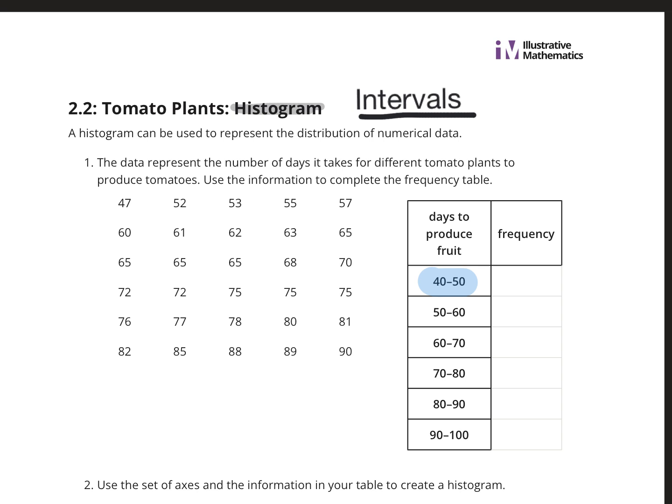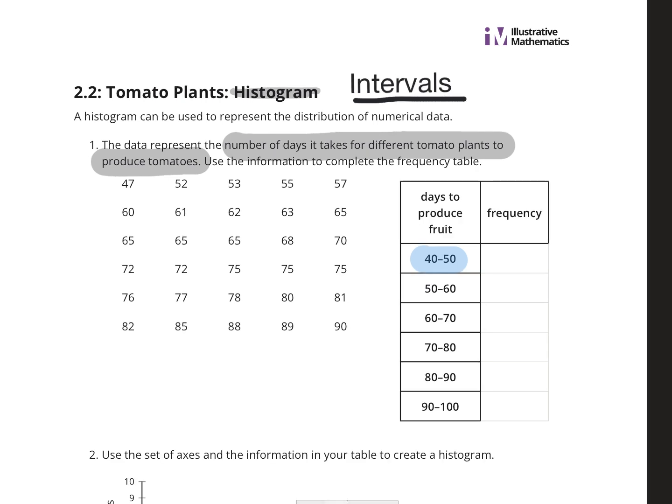If I look at my set of data, which represents the number of days it takes for different tomato plants to produce tomatoes, so this is a very real life topic for those of us that are going to be in the ag pathway, we would look at our table and see that this tomato plant took 47 days before it started growing tomatoes. That is the only number that falls within this interval.